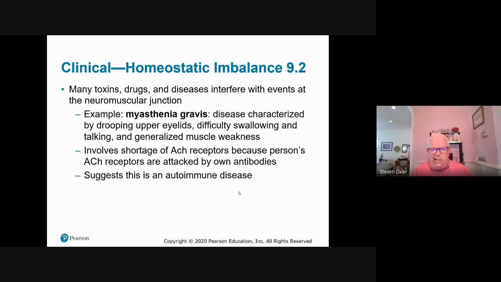The disease involves the shortage of acetylcholine receptors, because the acetylcholine receptors at the neuromuscular junction are being attacked by the person's antibodies. So therefore, it is an autoimmune disease, and it is a deadly disease unless it is treated and diagnosed.